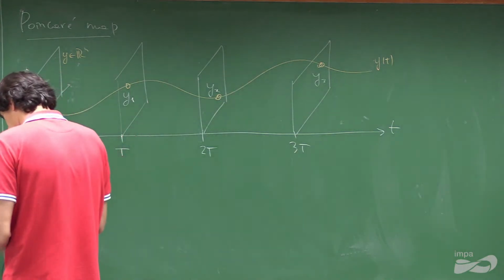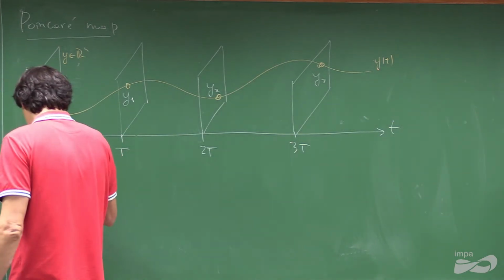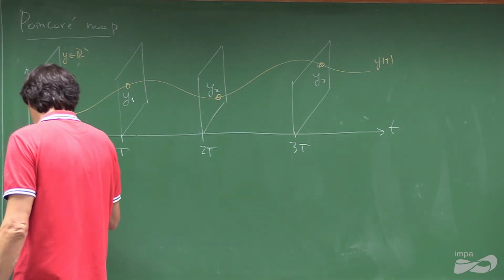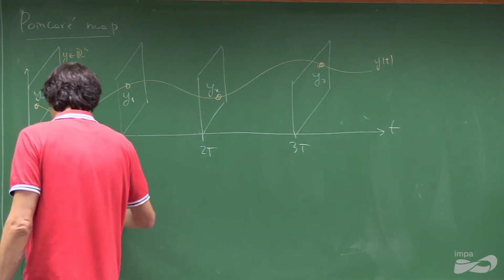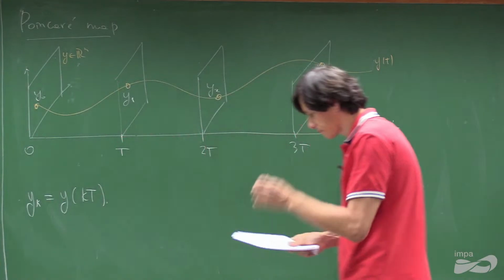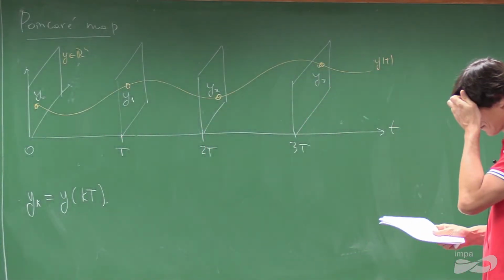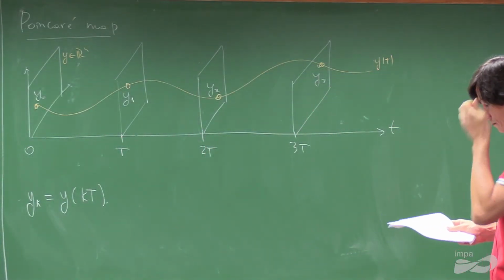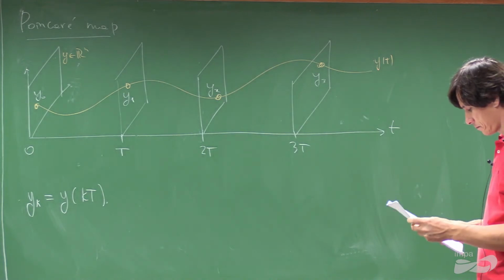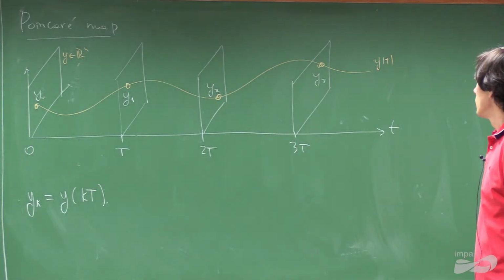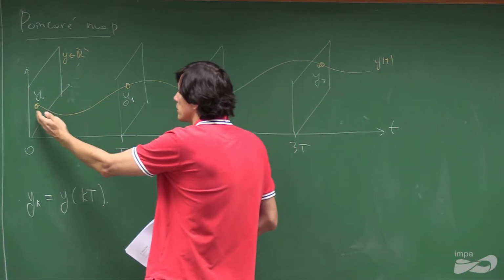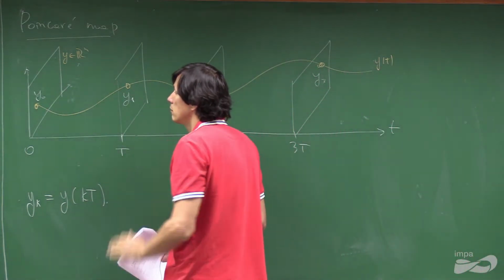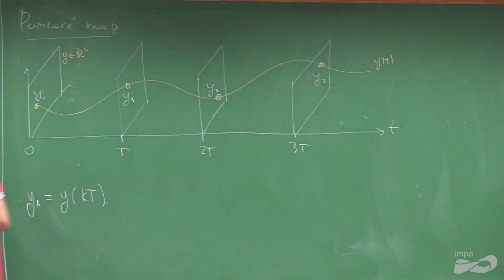So in other words, what we define is this: yk is y at k periods. But the evolution is given by deterministic differential equations.